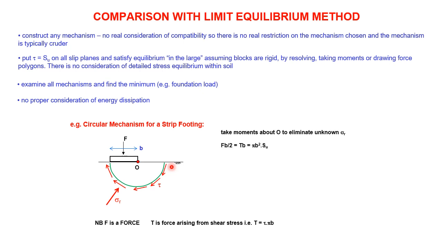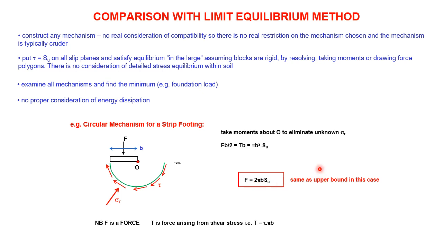But what we can do is take moments about O to eliminate the unknown sigma r. Remember, the sigma r act in all directions, but they're all going through that point, so we can forget about them if we take moments about O. We'll get F B over 2 equals T B, equals pi B squared Su. We're going to end up with the force being 2 pi B Su. That happens to be the same as the upper bound.